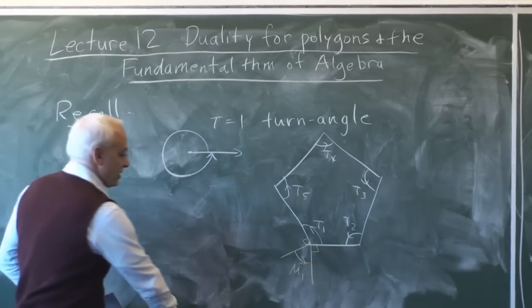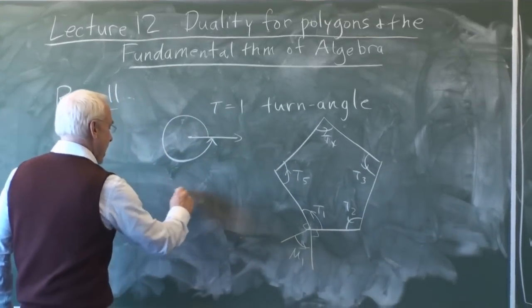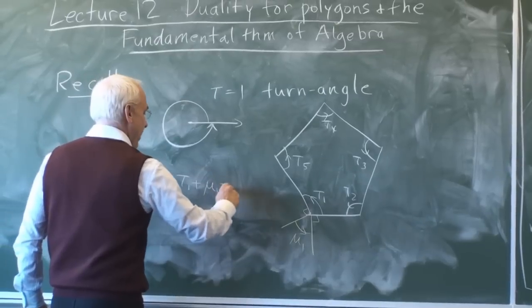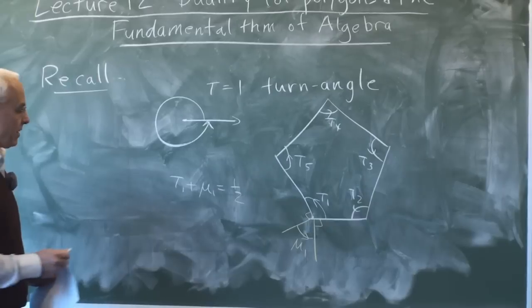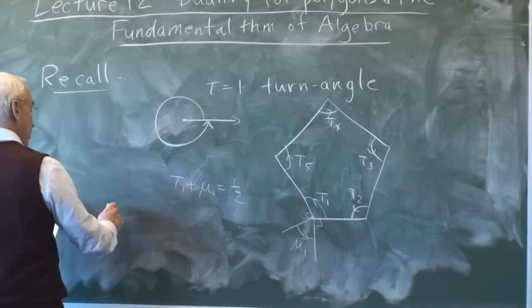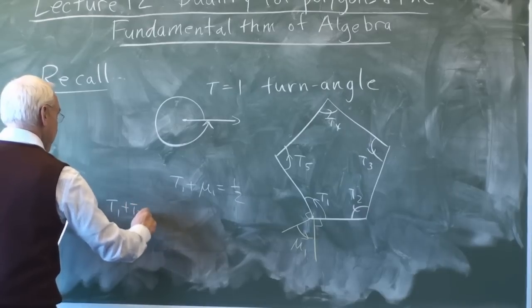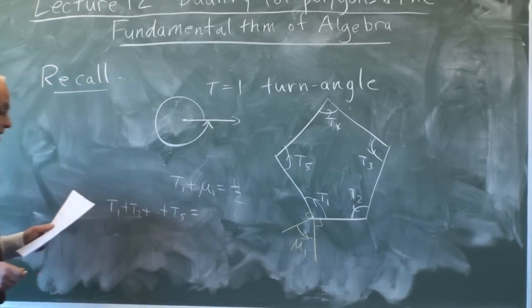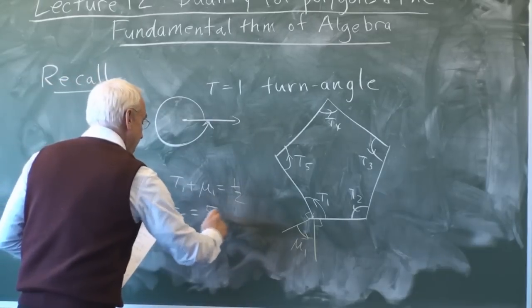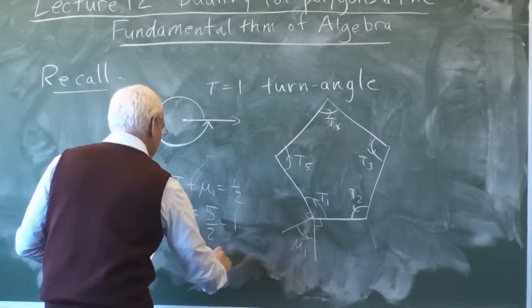I remind you that in this kind of situation, tau 1 plus mu1 added up to 1/2. And therefore, the 5 turns, tau 1 up to tau 5, added up to 5/2 minus 1, which is 3/2.